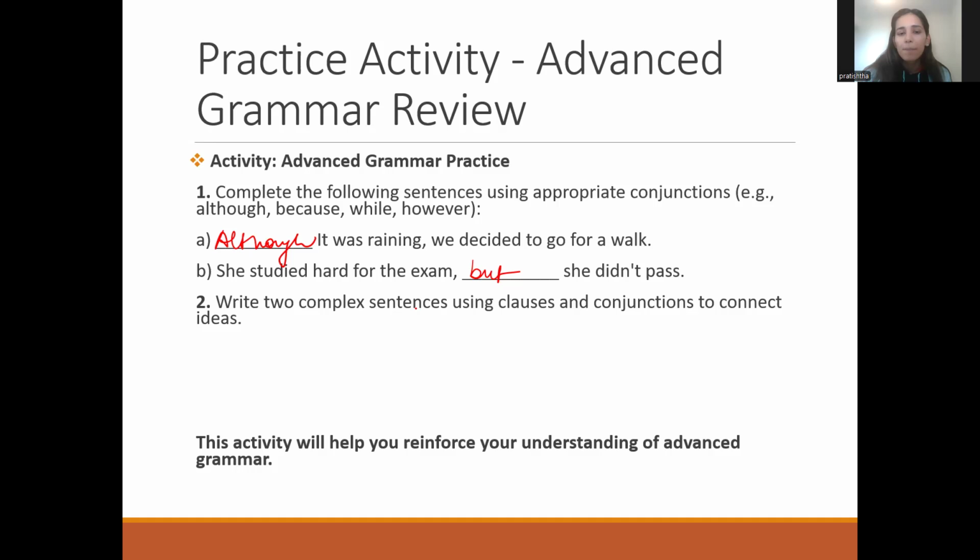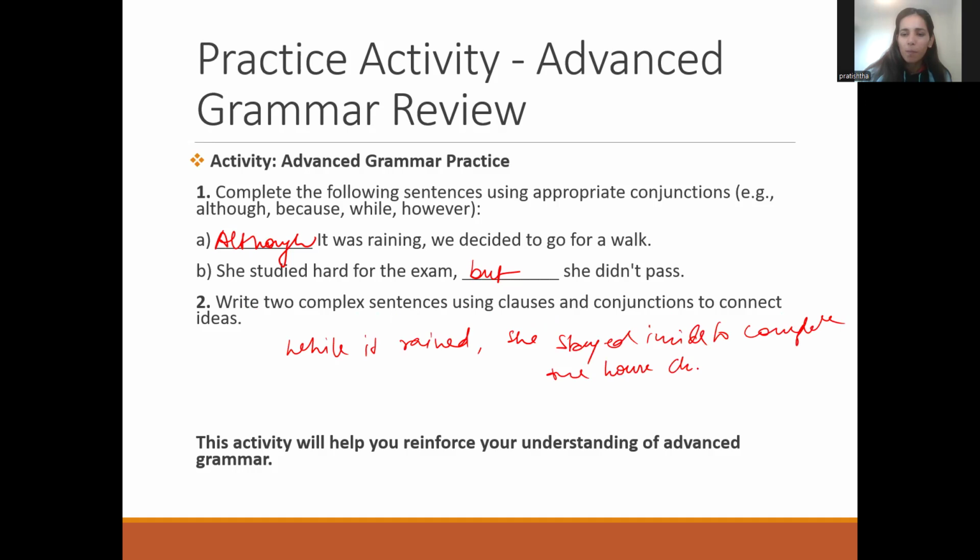And then write 2 complex sentences using clauses and conjunctions to connect the ideas. So we can make it with while. While it rained, she stayed inside to complete the house chores. Now, again, this is a little advanced sentence.